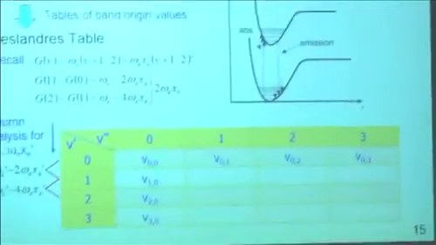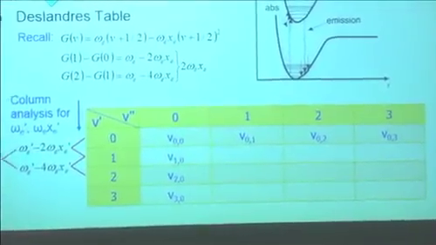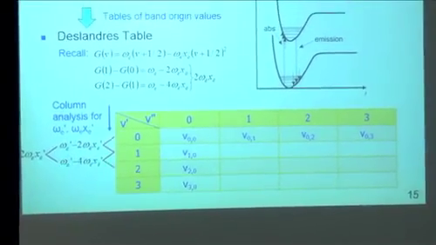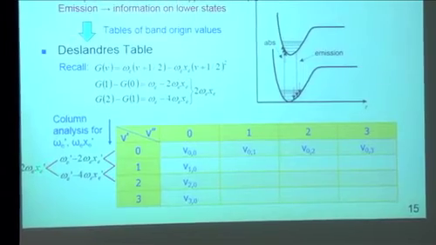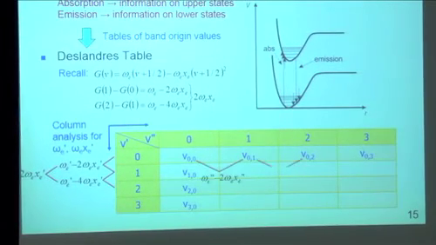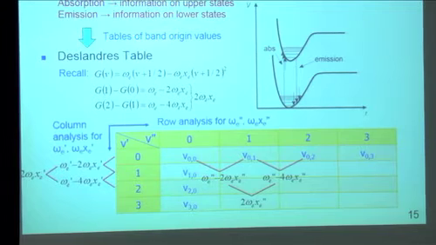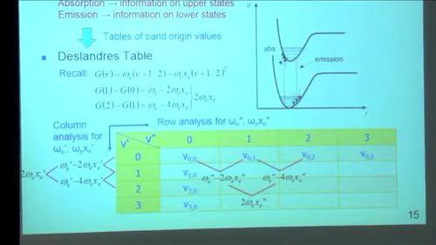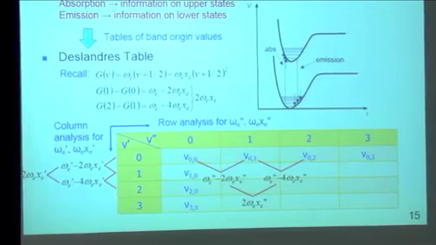But now I can look at these expressions and I can find out this energy difference is this omega E prime minus 2 omega E XE prime. This one is, and so this is the second difference. So they always shift by 2 omega E XE. And I can do the same thing in this direction. So when you go this way, you learn about B prime. You go this way, you learn about B double prime. I'm throwing a lot of stuff at you. This is something I spent a whole lecture on, say, at Stanford.